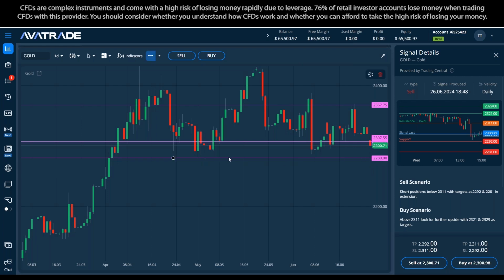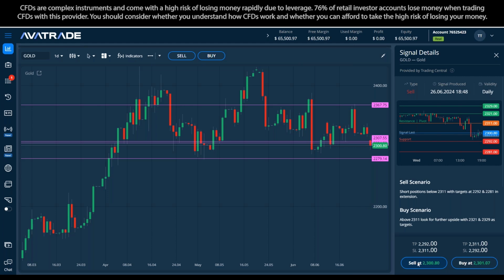Here's 2280, and this was an old support level from back on these candles. So we come over here, and that's 2280, 2281 towards this support. So right in that area could be a take profit mark for a short-term move. It's about $20 down in the price right now.